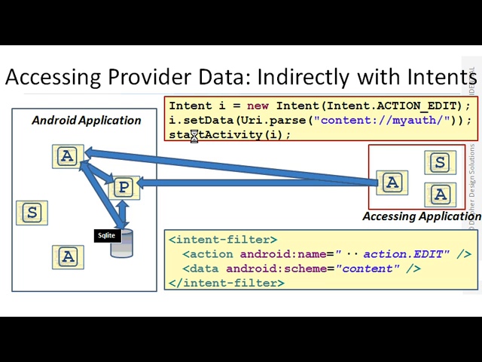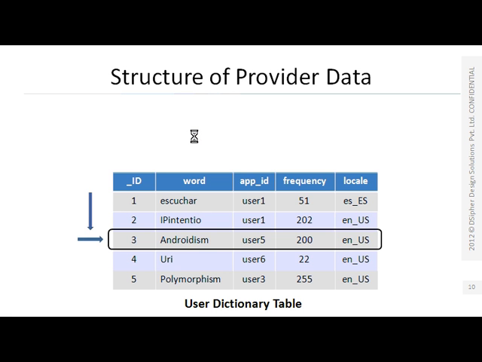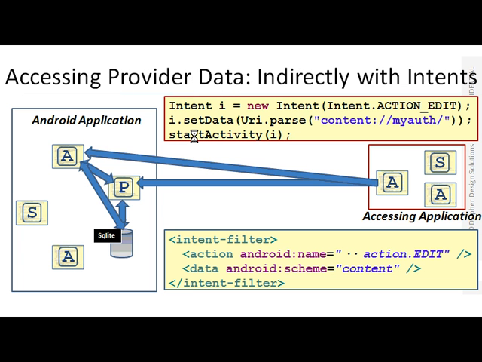Just like that, here it will look for action.edit and go for the edit option. So just like that, we will be accessing the provider data indirectly with intents.